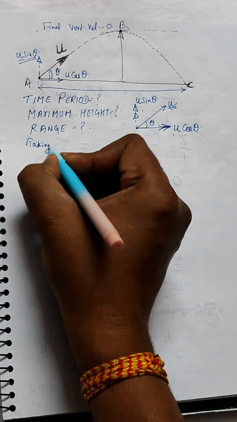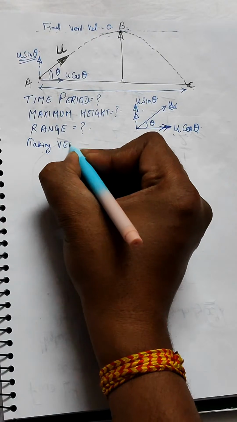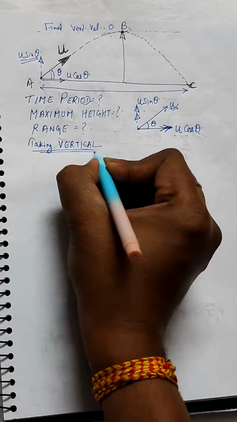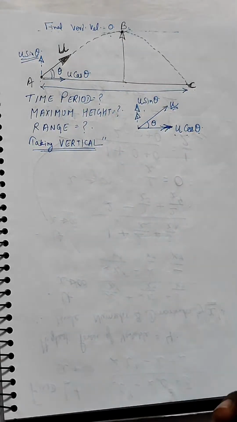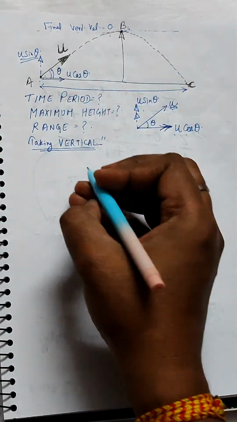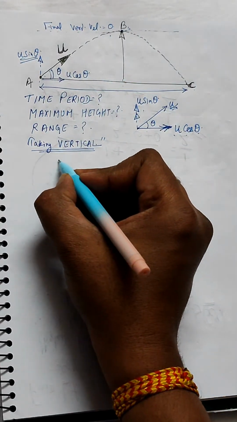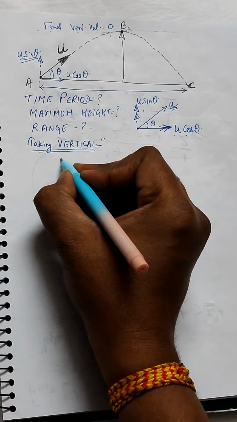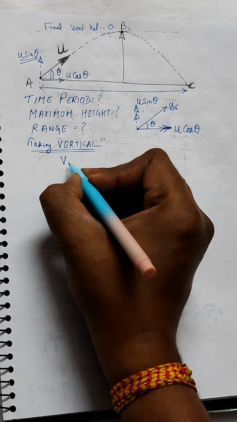Taking vertical components, now the vertical, v equal to u plus at, right? So the final vertical velocity, let's write it vy.